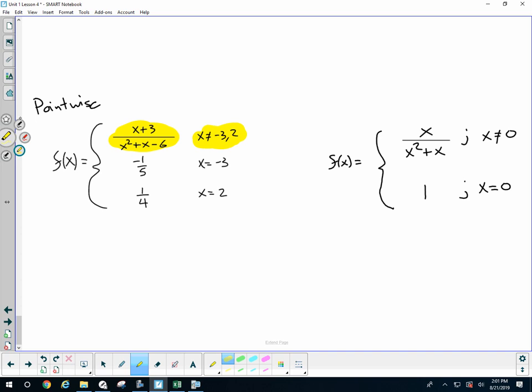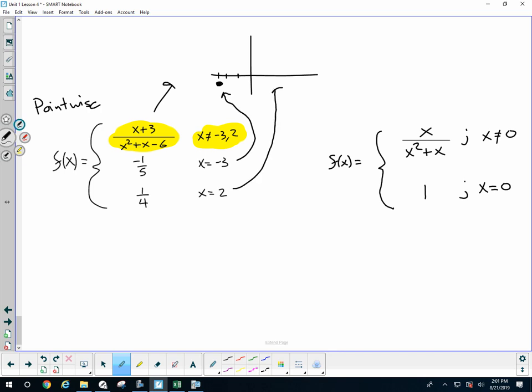Okay? So, if you think about it, and let's just think about it. I'm not going to be accurate, but I'm just going to kind of sketch an idea of things. At -3, I'm going to use the point -1/5. Okay, cool. No matter what, at -3, I use the point -1/5. At 2, I'm going to use the point 1/4.